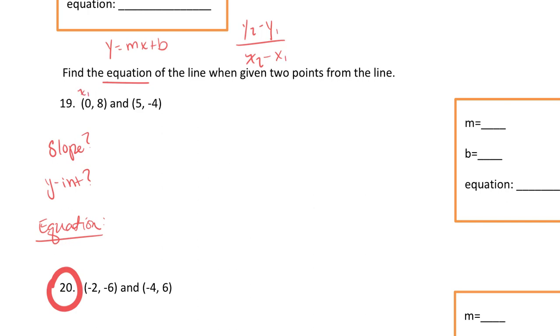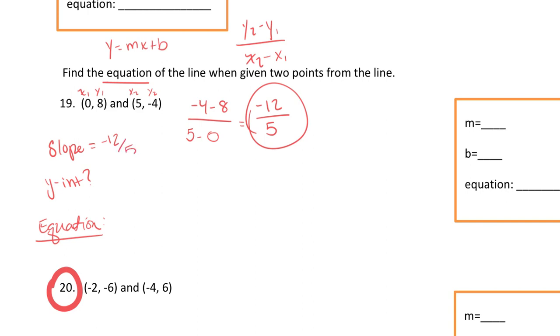So let's label our points, x1 and y1, then x2 and y2. Y2 is negative 4, minus y1 is 8, so negative 4 minus 8. Then we have x2, which is 5, minus 0. Negative 4 minus 8 is negative 12, over 5 minus 0, which is 5. So our slope is going to be negative 12 over 5.